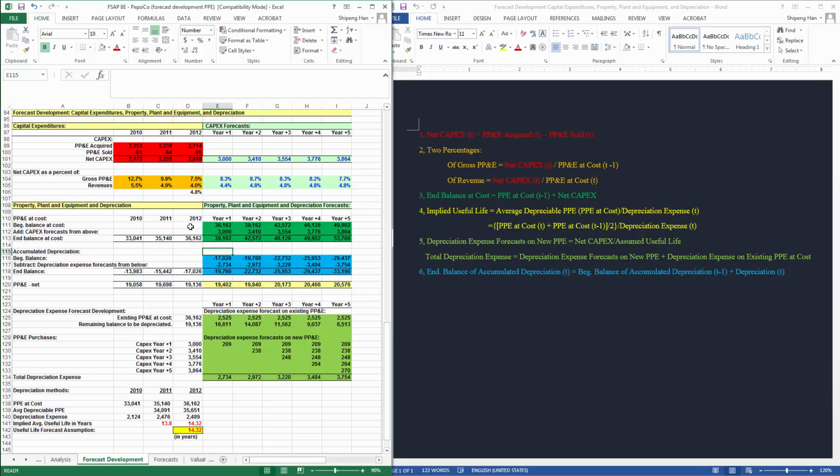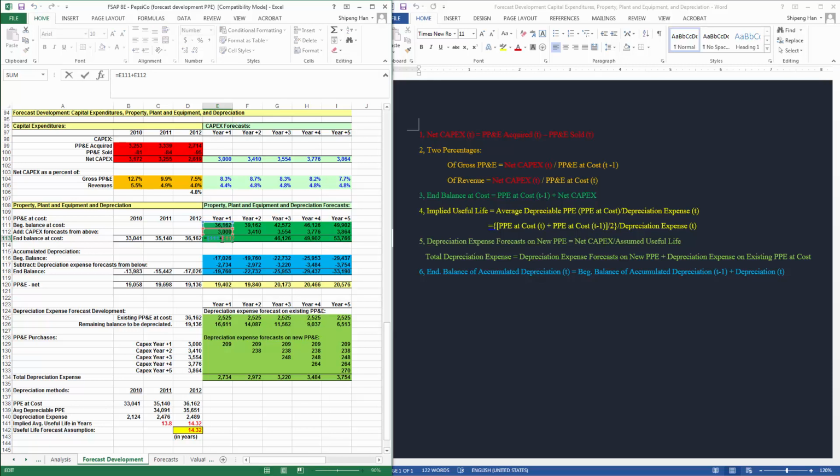For example, in 2012, the ending balance of PPE at cost is 36,162, right? So the next year ending balance will be the balance in 2012 plus the net capital expenditure of year plus 1. So 39,162 is the ending balance of PPE at cost in year plus 1.